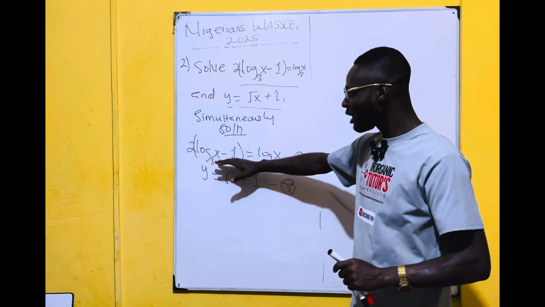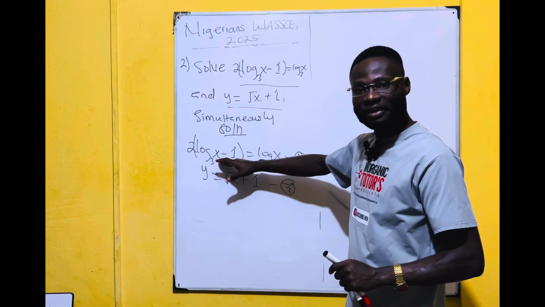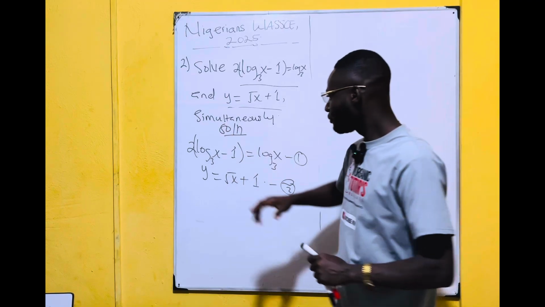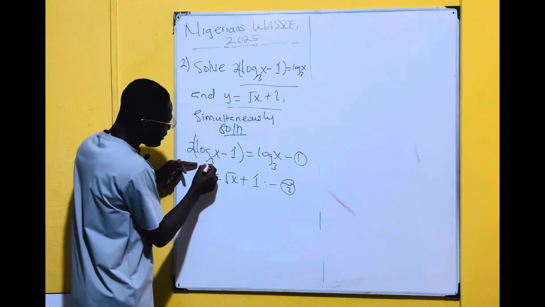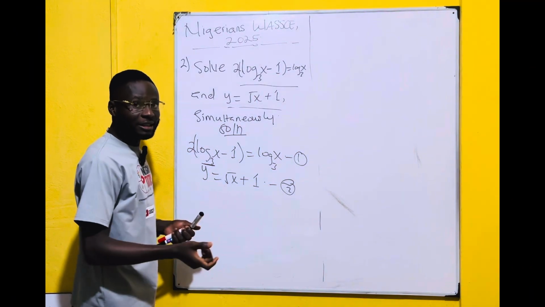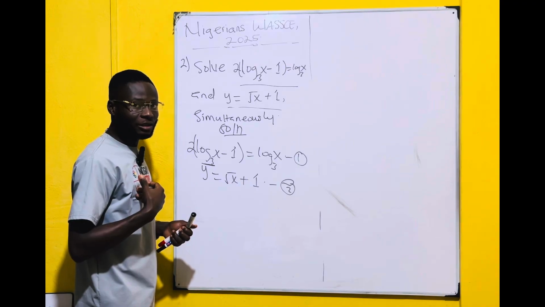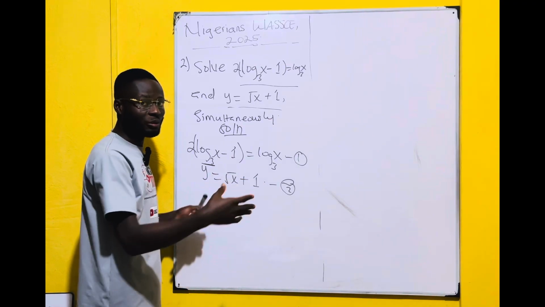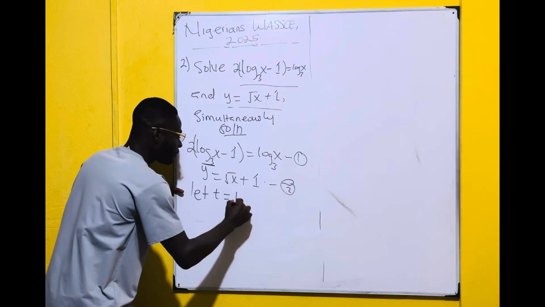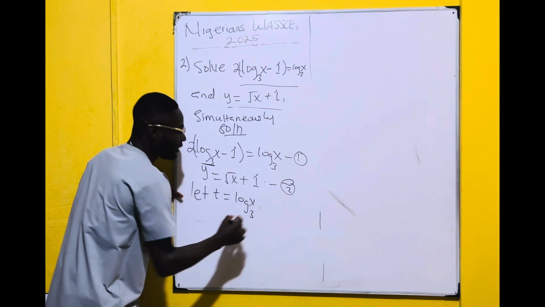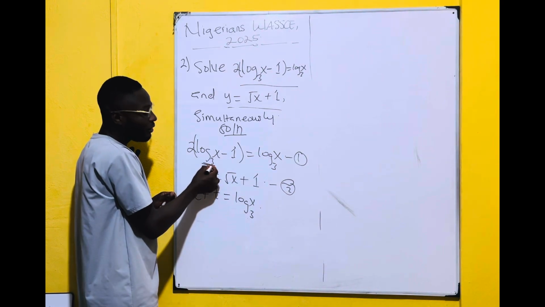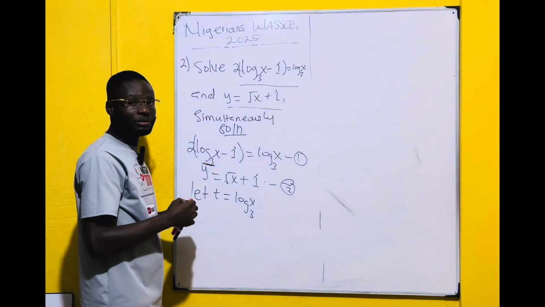We have to let some variable represent this expression so that we can solve it. So we say that log x base 3 should represent a variable. I'm calling it t. You can call it a, you can call it c, whatever you want. So let t equals log x base 3.